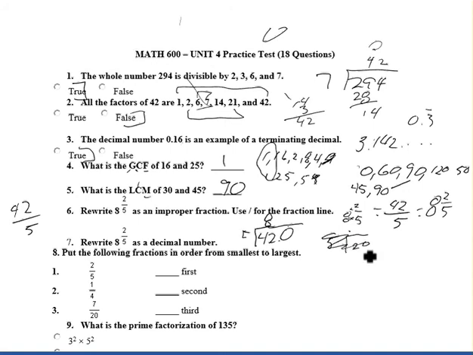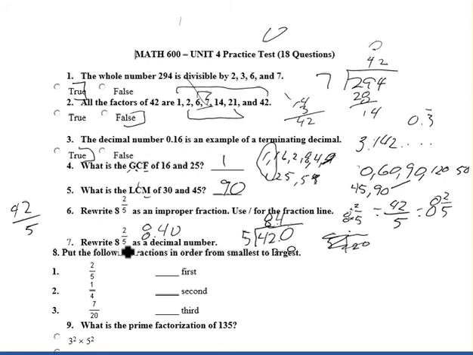So 40, you bring down a 2. 5 goes into 2 zero times. Bring the decimal straight up. 5 goes into 24 times. So as a decimal number, it would be 8.40. And again, the 8 is already a whole number, so that's not changing.